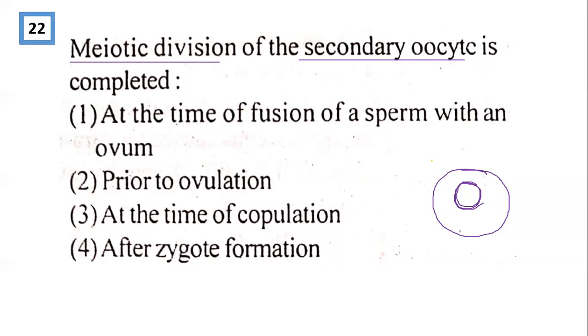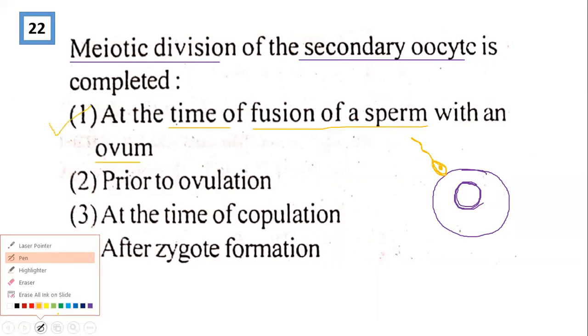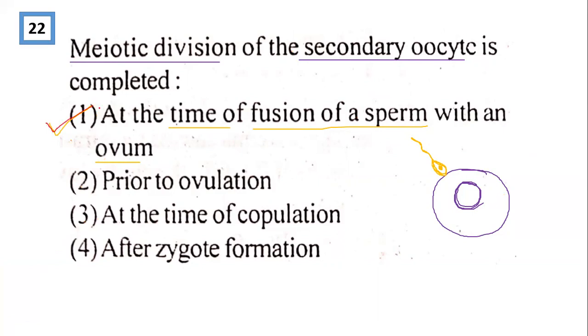At the instant when a sperm touches the surface of the ovum, the process of meiosis is completed. So at the time of fusion of a sperm with an ovum, the correct answer is option number 1.